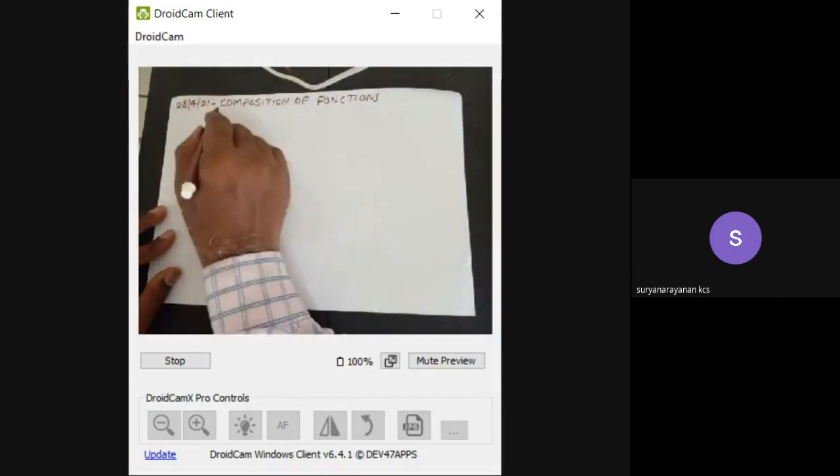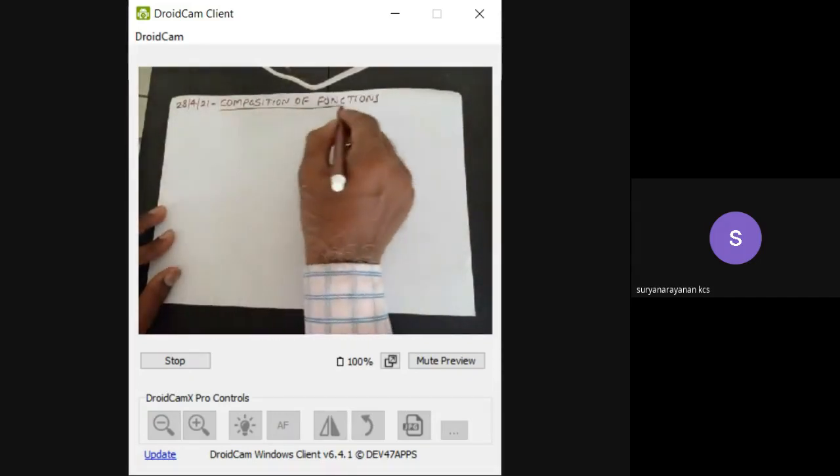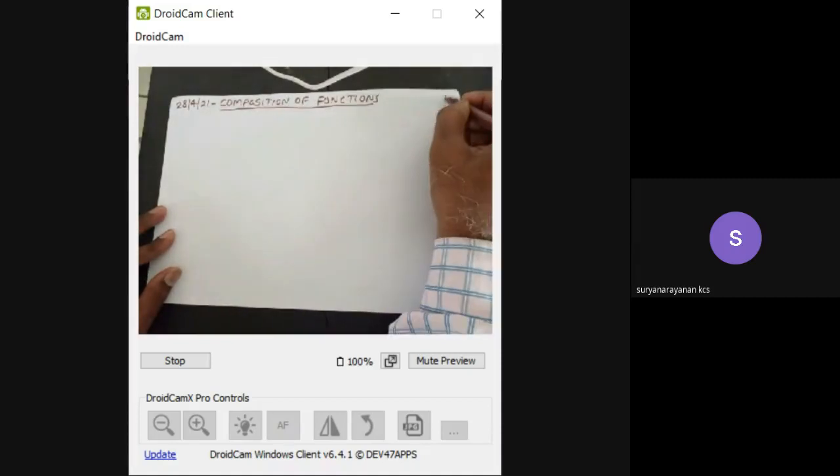Composition of functions. What is meant by composition of functions?